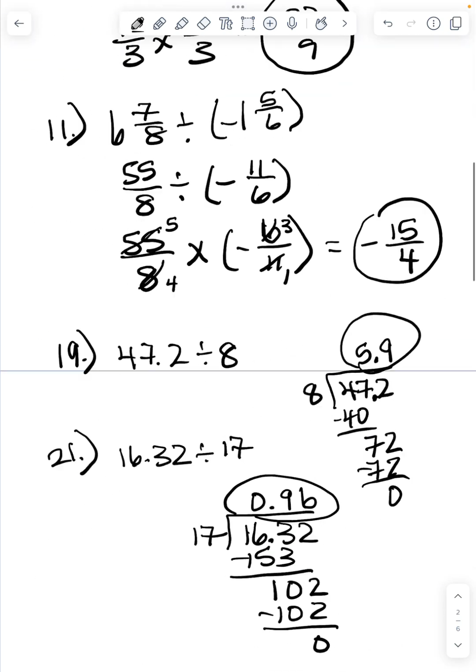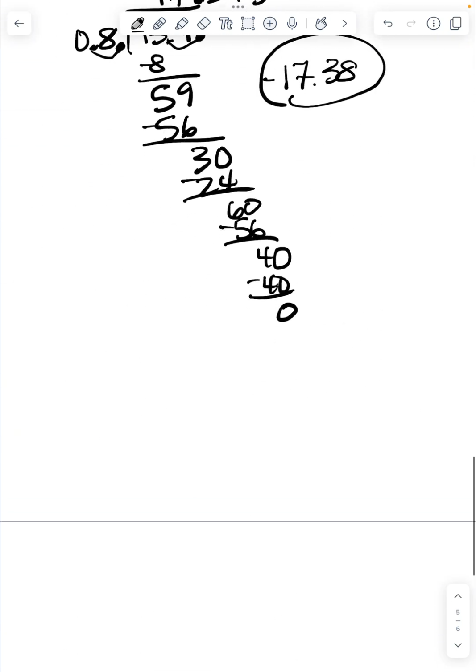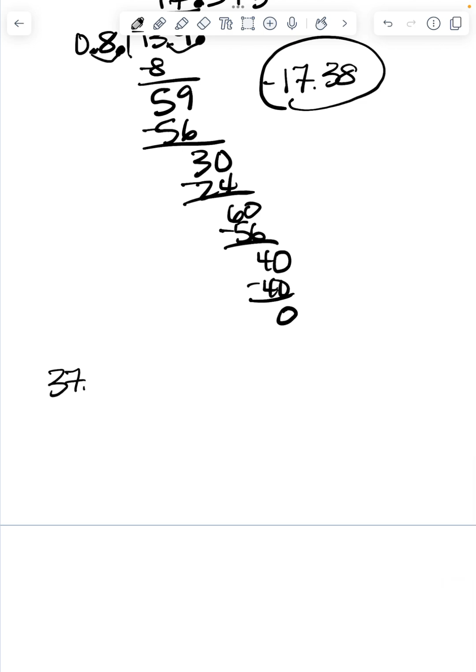Next is 37 to 41 odd. Number 37. Evaluate each expression. So we've got 2/3 divided by 5/6 divided by 1/5. All right. So let's start inside the parentheses.